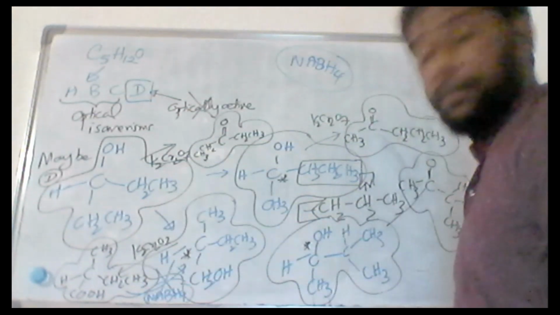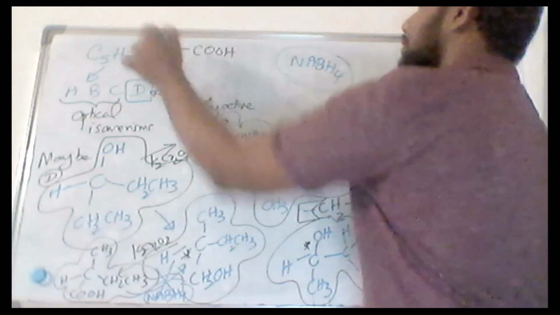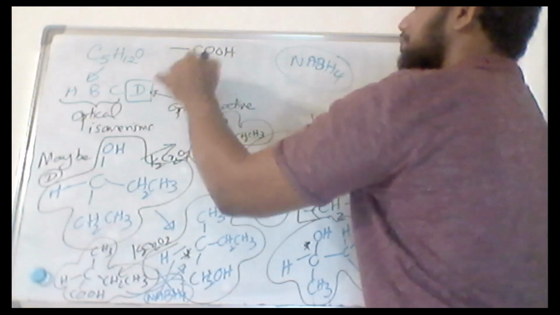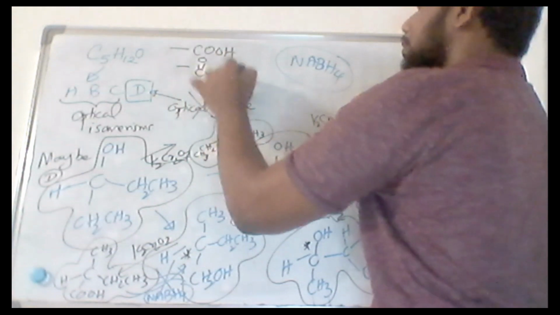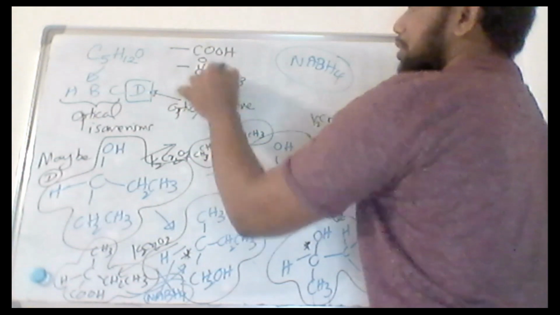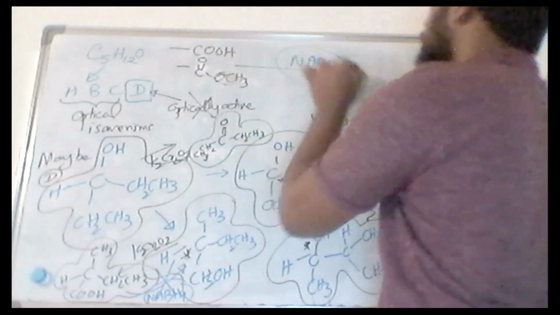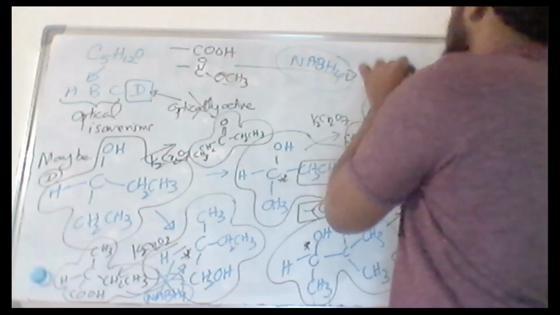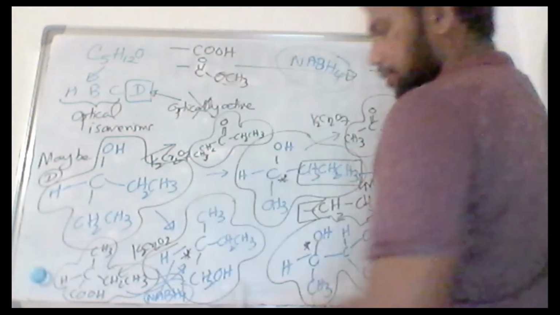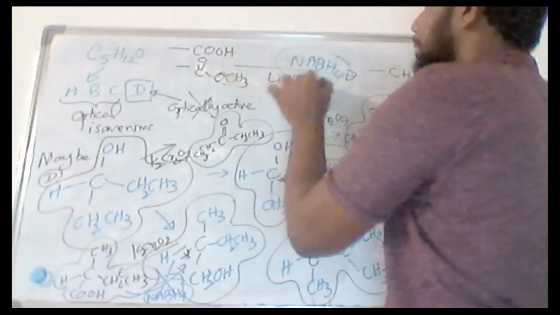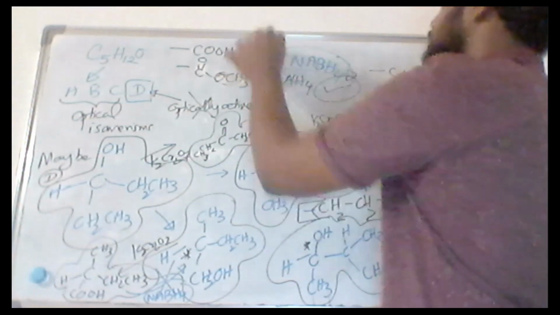Because if you remember our theory, if you have a carboxylic acid or an ester group, COOCH3, methoxy group, and you want to reduce this to CH2OH primary alcohol, you have to use lithium aluminium hydride. Sodium borohydride cannot do this.